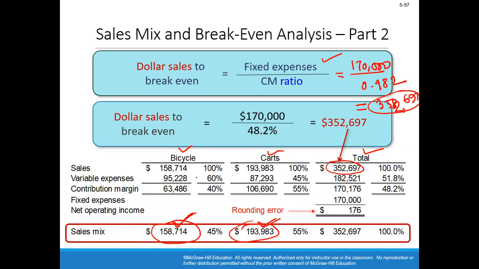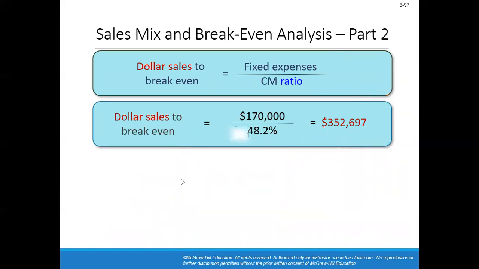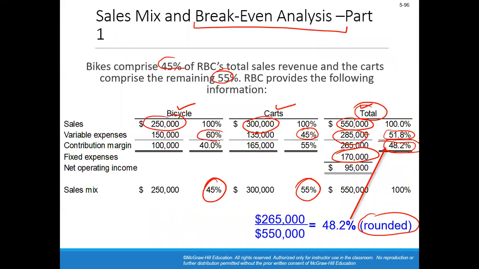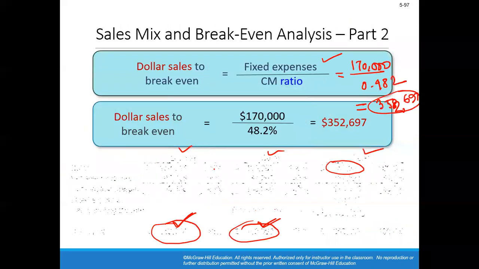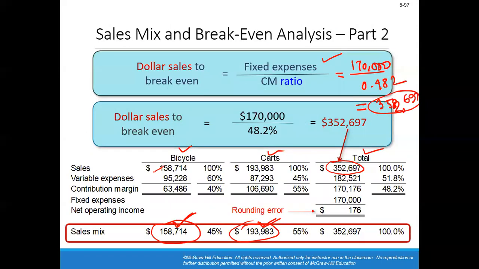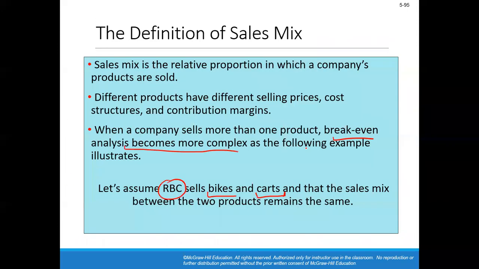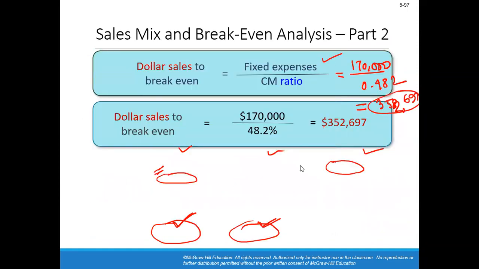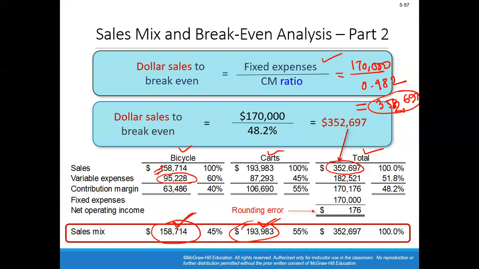The variable expense relation will be as before. The variable expense for bicycle was 60% of sales, so we apply 60% of this amount as variable expense. This is 95,228. For the cart, the variable expense was 45%, so we apply 45% of the sales amount as variable expense.